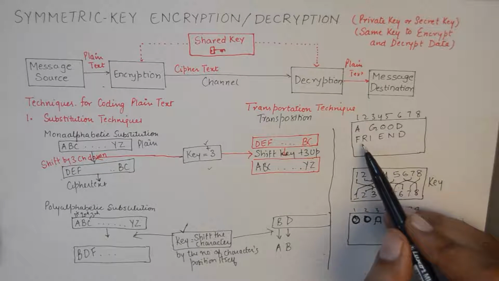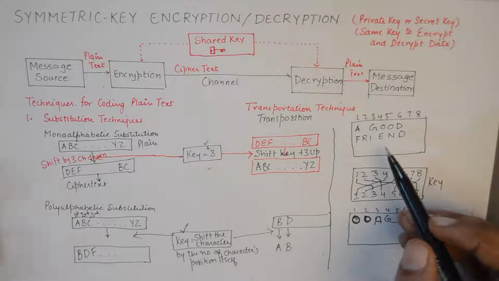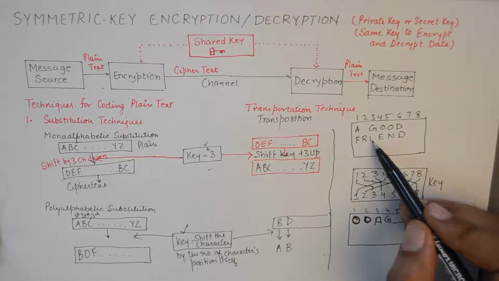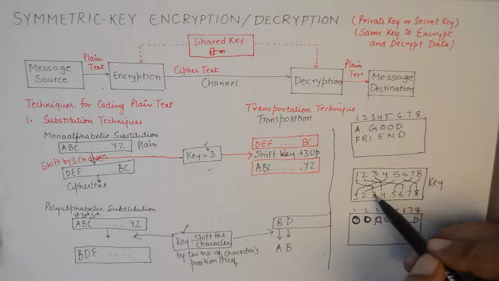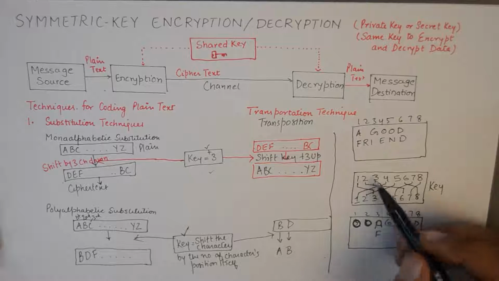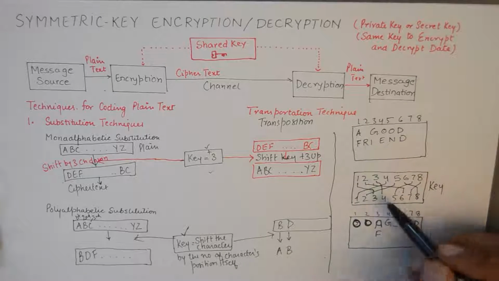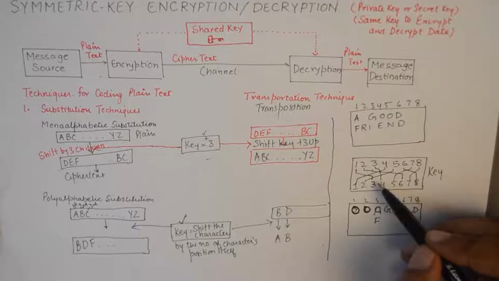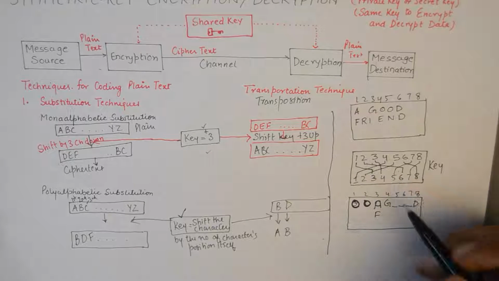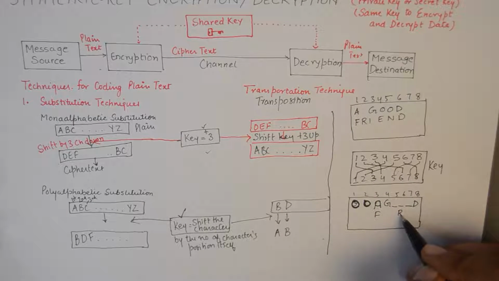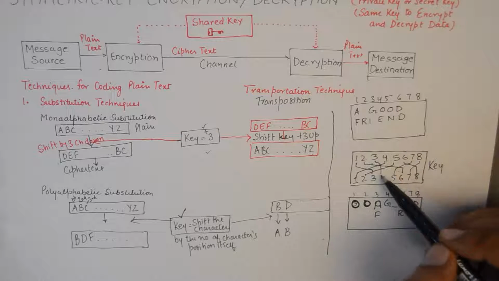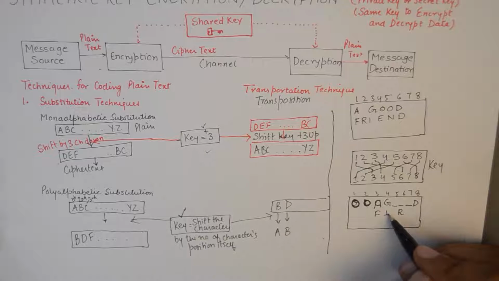And similarly in the second line, the first character needs to fill up the position at the third one, so F goes here. R needs to go to 6th position, so the 6th position is taken up by R. I needs to go to 4th position.